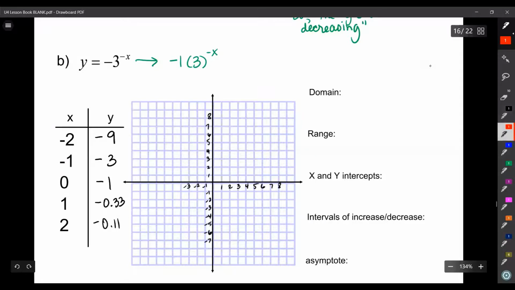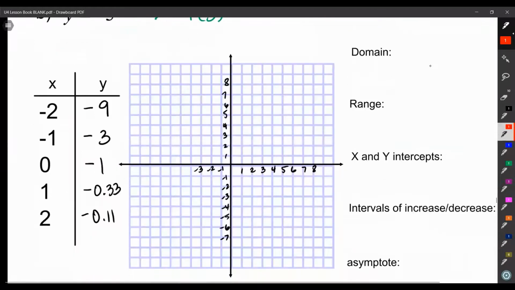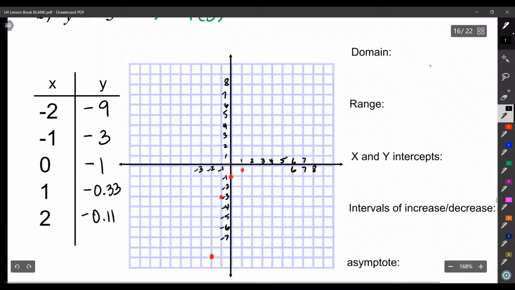Okay, and then let's plot our points. And maybe we'll just switch these to the other side. Okay, so if we imagine what the shape is going to look like as we connect these, it's always just going to be a nice smooth curve, like so.